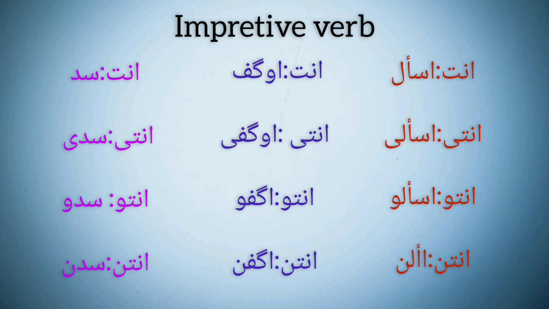Another example for closing. You want to say close the door. In Arabic, we say سد الباب. سد means close. It refers to male. It's مفرد مذكر. سدي means close, but it refers to female.